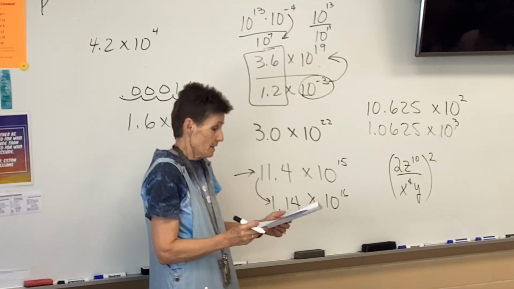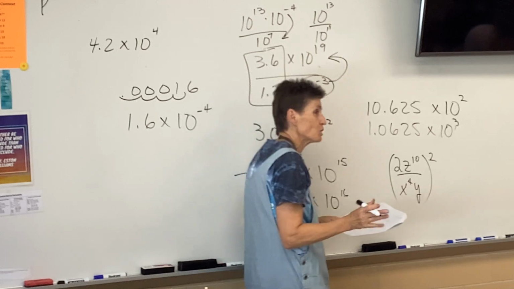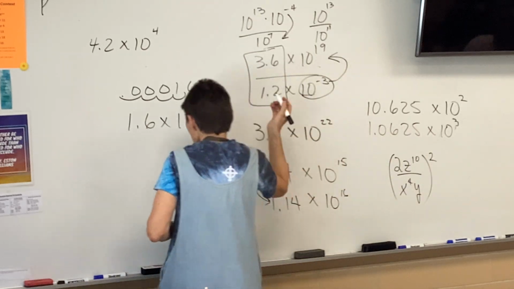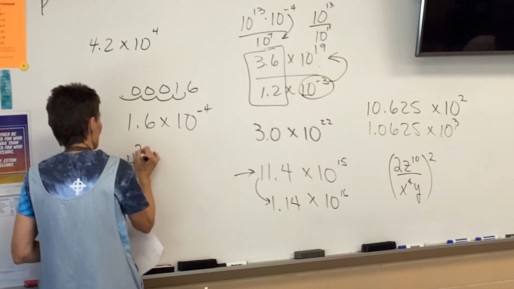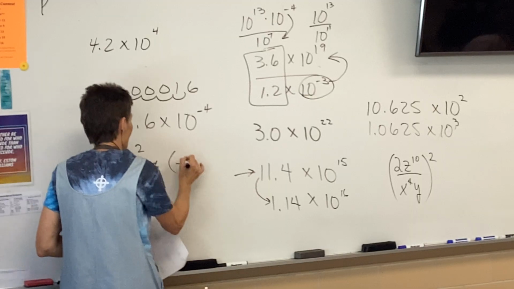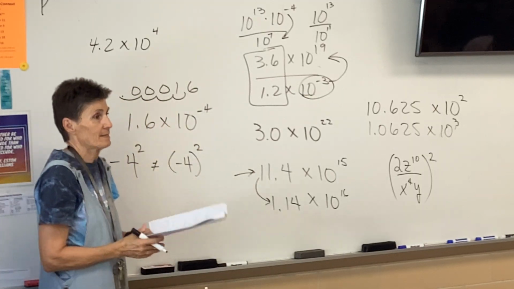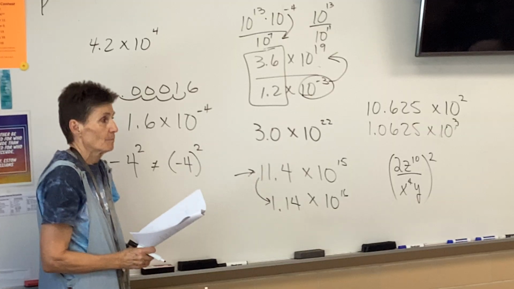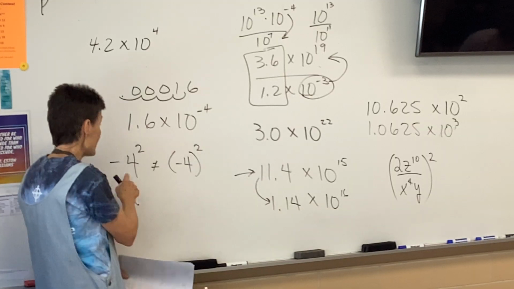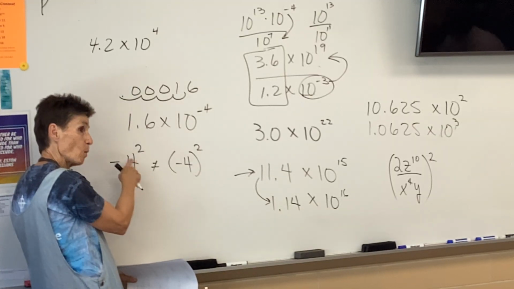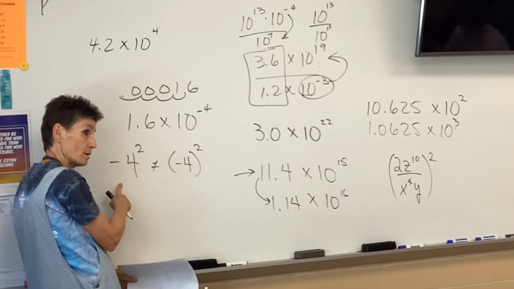All right, last thing there, I say caution, because again, this is something that we have to be really careful about. These are not equal. Why not? Yeah, so the only thing that's getting squared here is the 4.